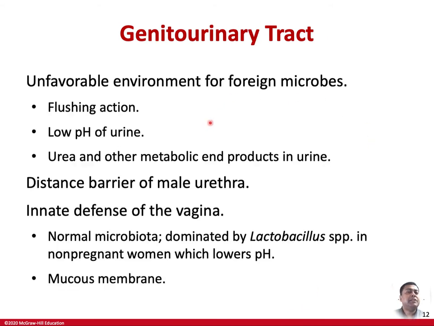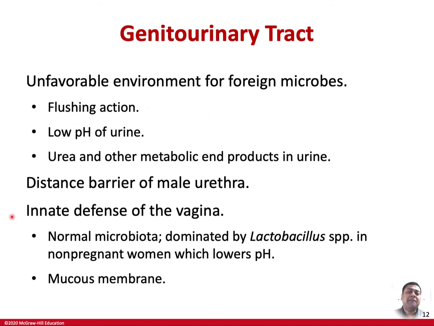So next is the genitourinary tract, an unfavorable environment for most foreign microbes, with the flushing action of the urine, the low pH of the urine, and the presence of urea and some other metabolite end products in the urine, which are also antimicrobial. Also, another important thing is that the distance barrier in the male urethra reduces the amount of urinary tract infection or bladder infection.